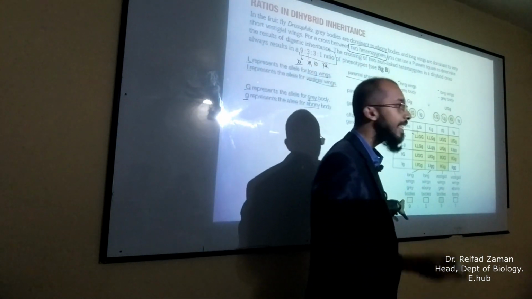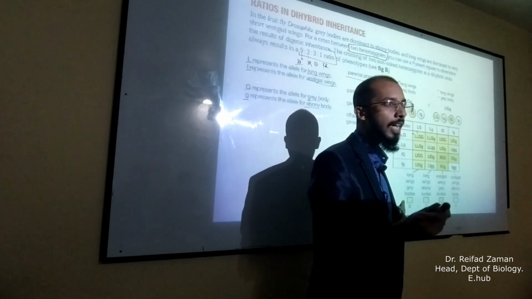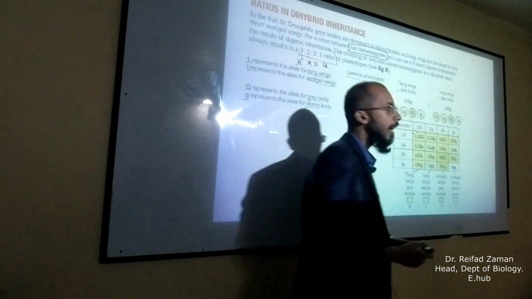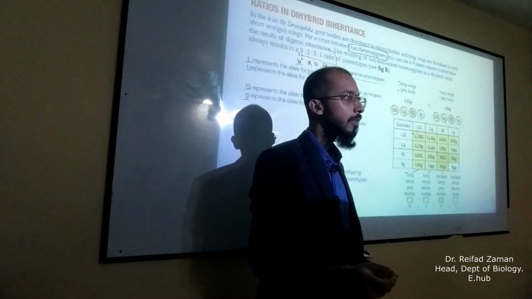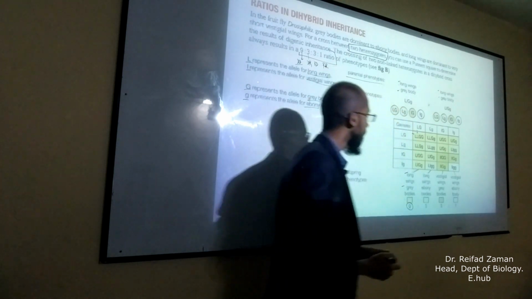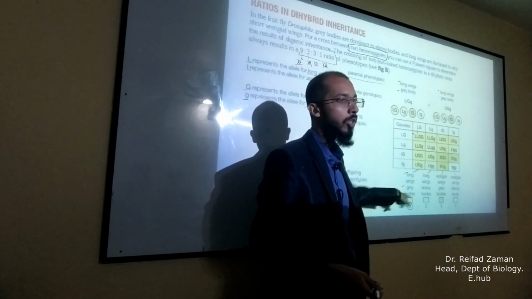For example, in this particular case, what is the dominant phenotype for wing type? Long. And what is the dominant feature for color? Phenotype for color? Gray. So 9 individuals will end up with long wings and gray bodies.